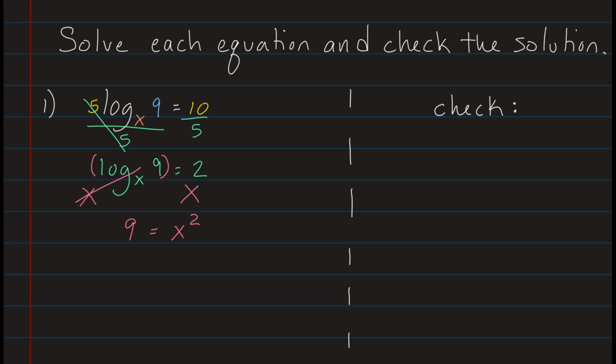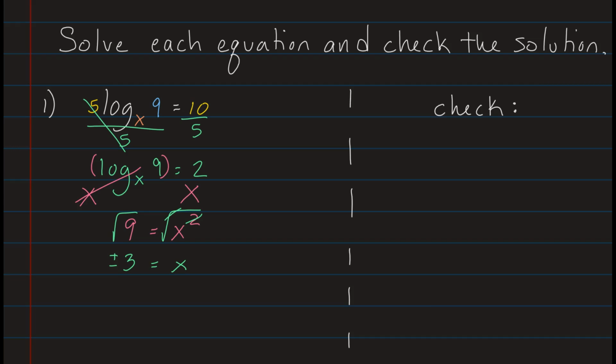So in this example, to get x unsquared, to get x by itself, we just square root both sides. The 2 and the square root cancel, and on this side, you're left with x. On the left side, the square root of 9 is 3, but not only is it that positive 3, it is also negative 3. So our solutions, our plural solutions, are plus 3 and minus 3.